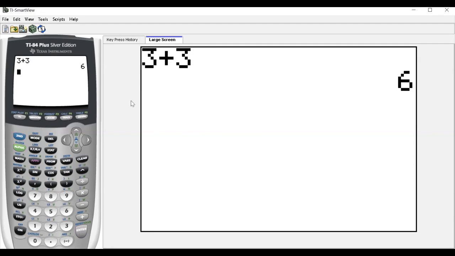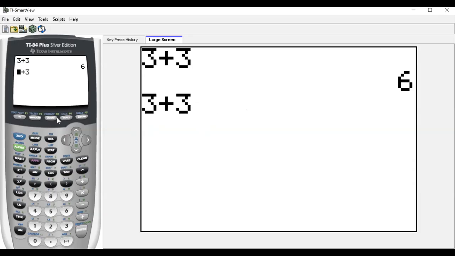Let's say, though, when you got here, instead of doing 3 plus 3, I wanted 13 plus 3. Well, to add just one character in, you just go back with your cursor using the arrows to find where it is that you want to insert that. So I would want the 1 to come in before this 3.